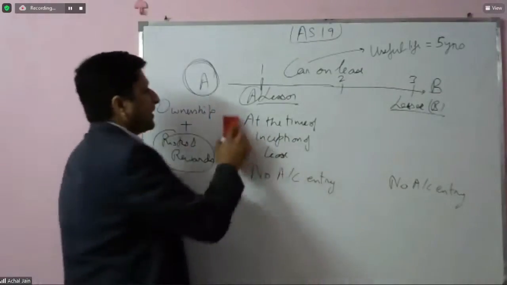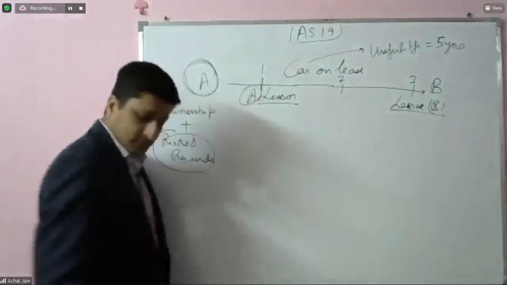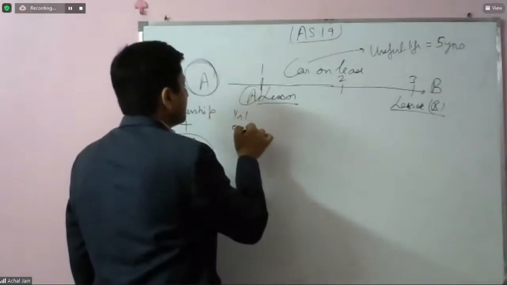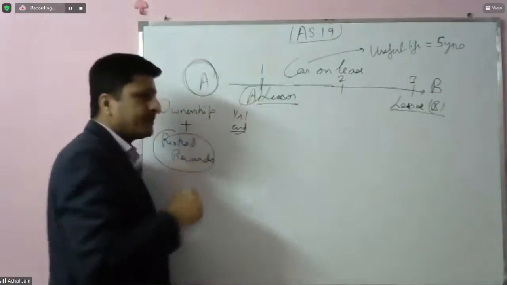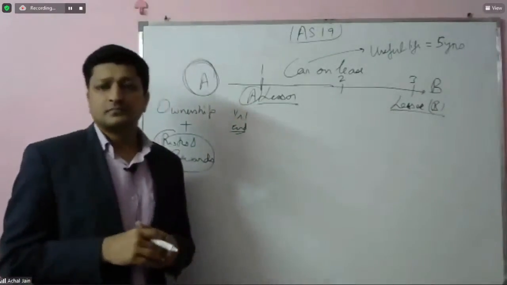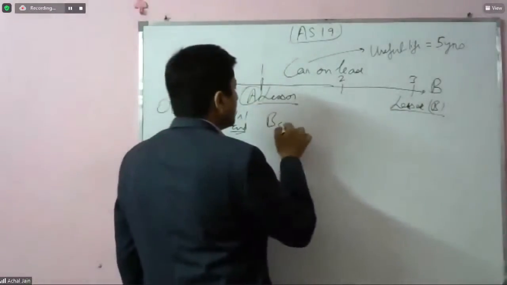Next, at the end of year one, lessor will receive the income. So what will lessor record?